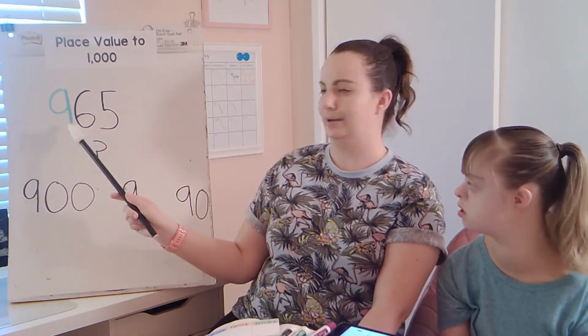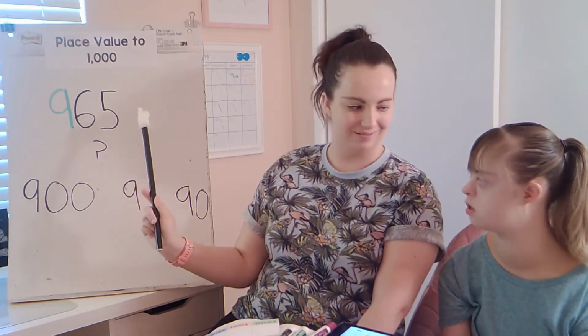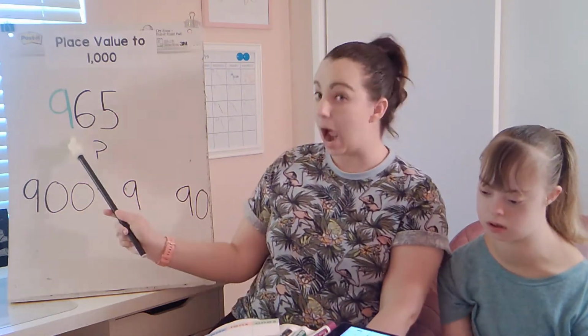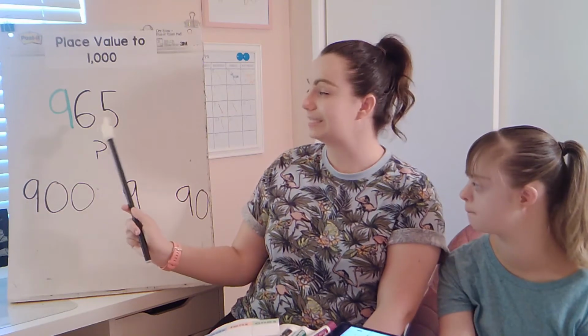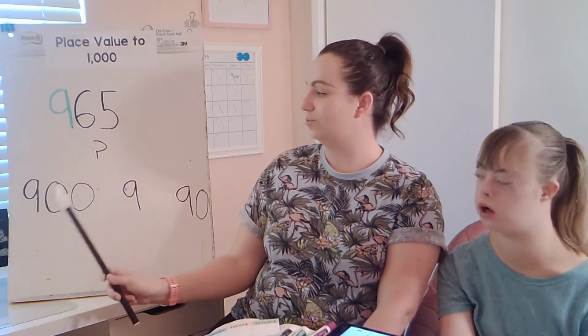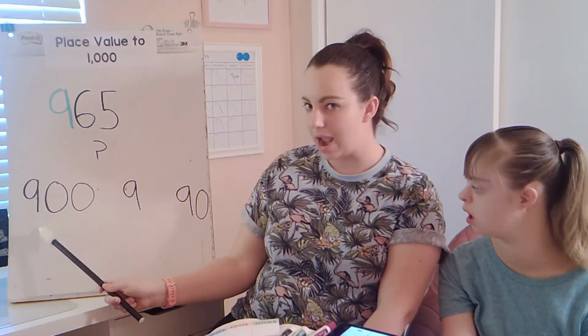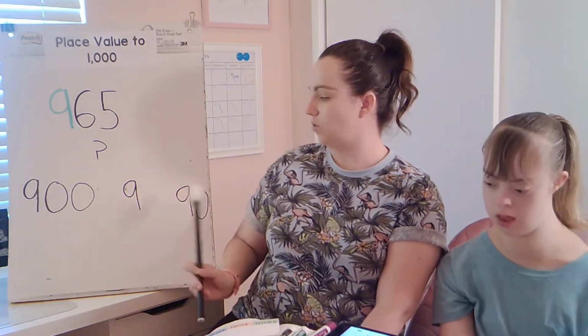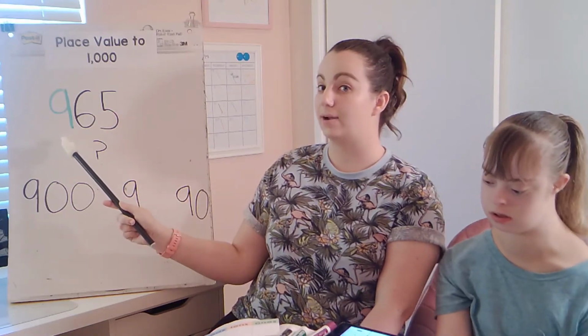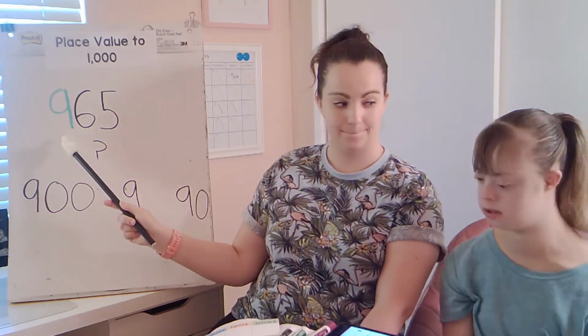Do we say 9065? You have to be thinking about that. Which of these, 900, 9 or 90, shows the place value of that green digit?